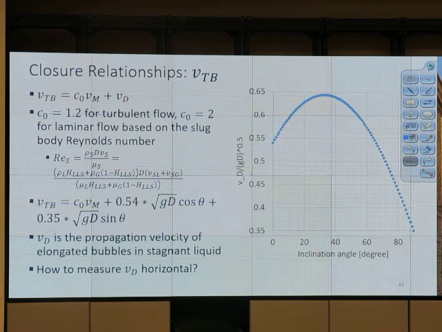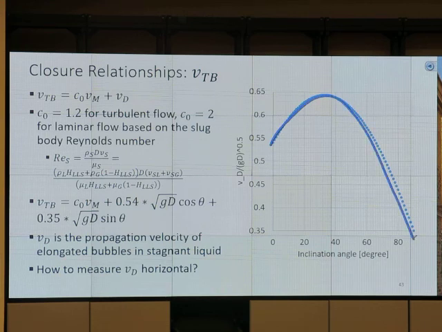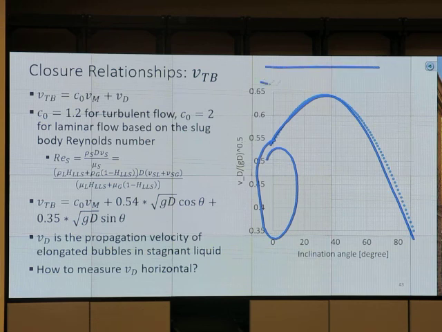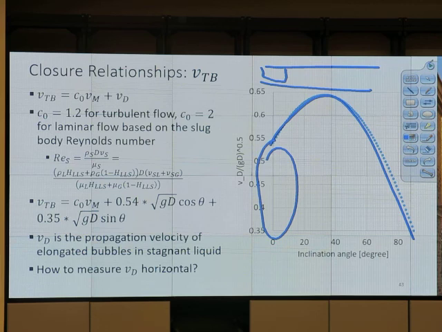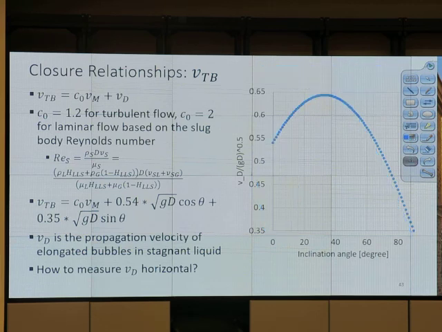If we plot it, we will see that V drift behaves like that. At 0, we have some drift velocity. The explanation is that at 0 degrees, we put some bubble in, the bubble moves and deforms. Raymond did the test. Previously I had this question. Some people find the drift velocity by trapping a gas pocket inside.